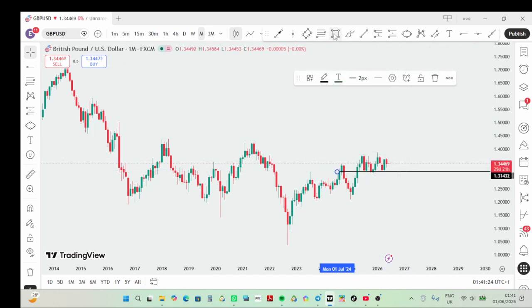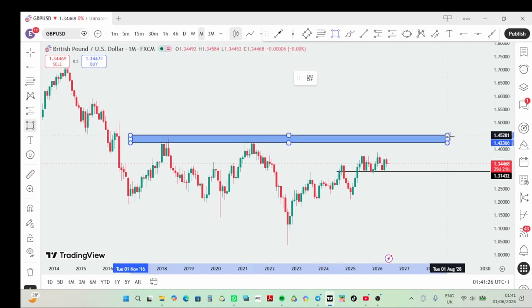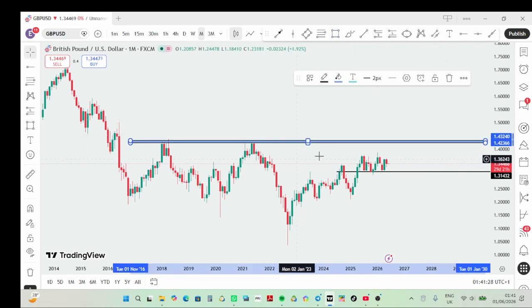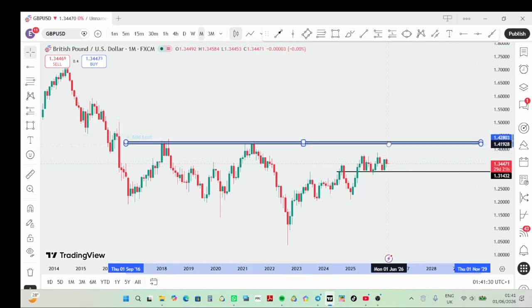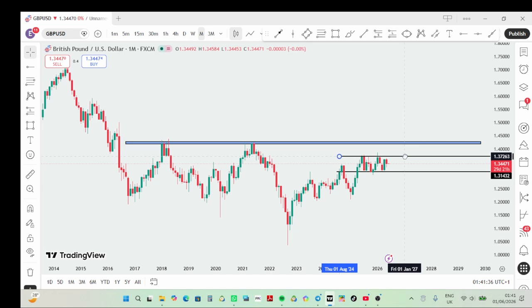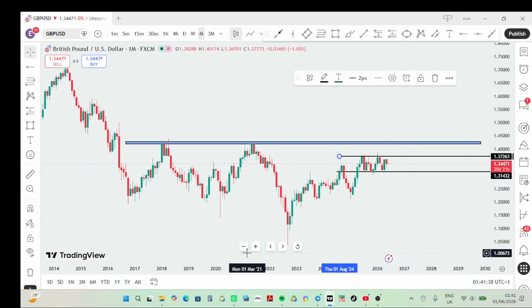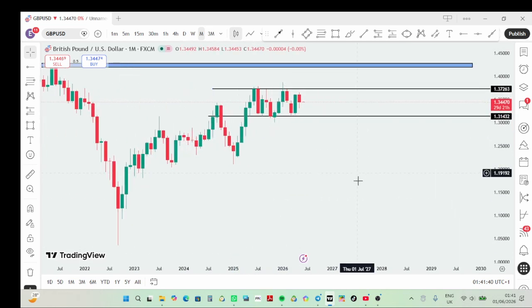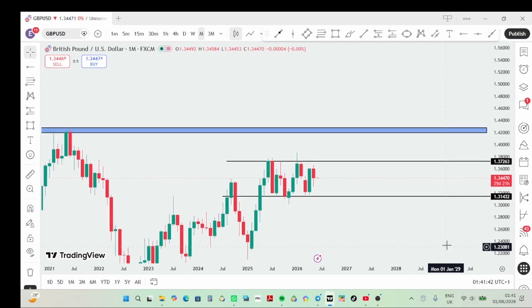But I would like to, because it's very close to this zone here now, I'll just put this zone here and see if GBP will break off this zone. But let's not get it complicated, because DXY controls USD pairs.